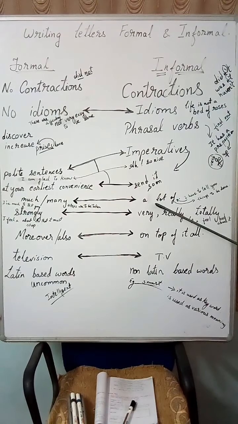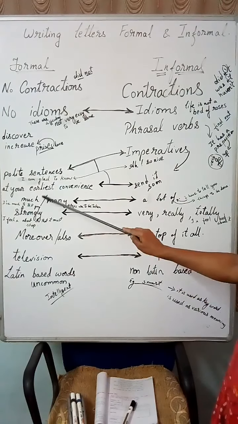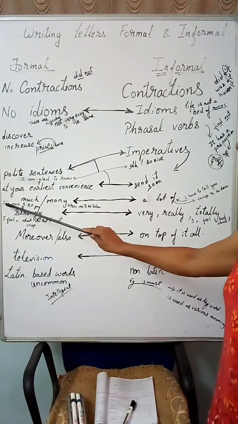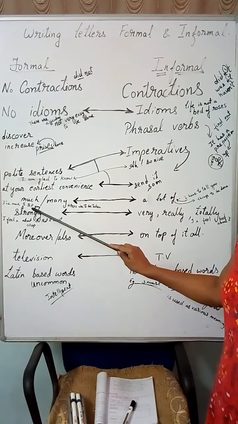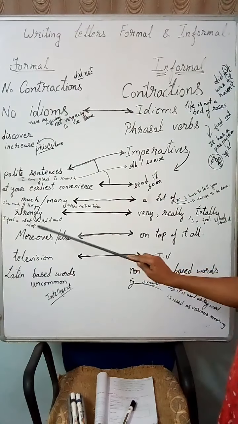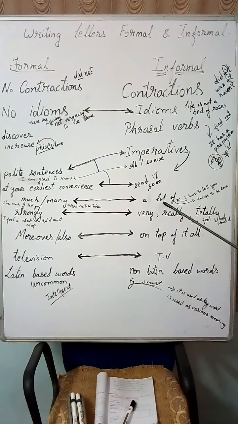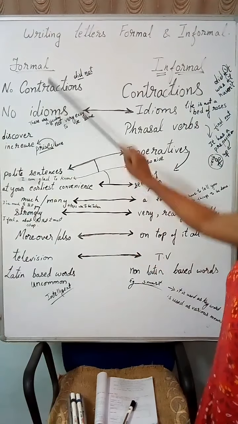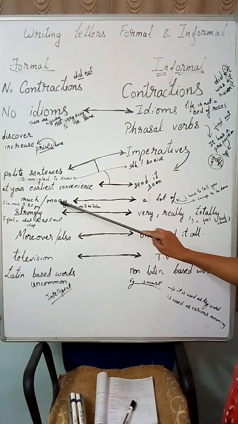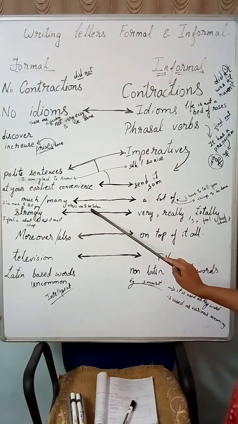Like I am writing to my friend, I have a lot of things to tell you. But when I am writing to my boss or someone, I have much to tell you. I have much to let you know. Like this. In the same way, a lot of things to be done. But while writing a formal letter, many steps are to be taken.